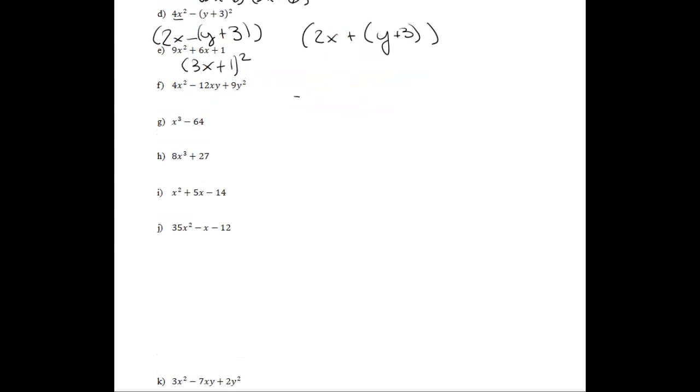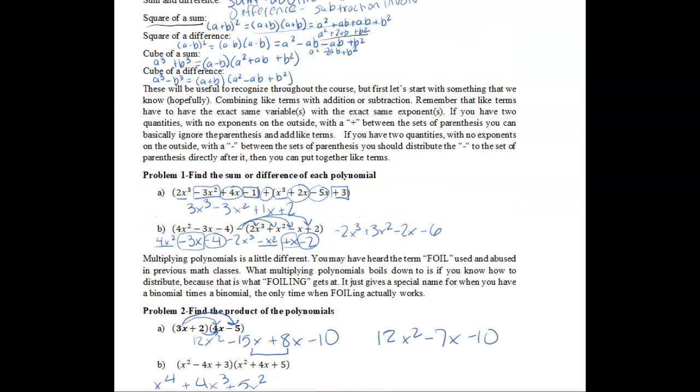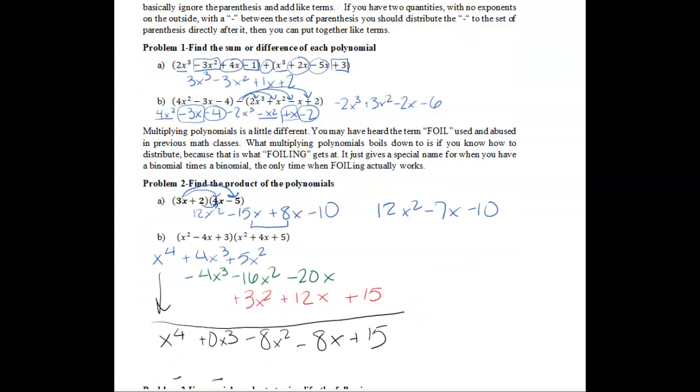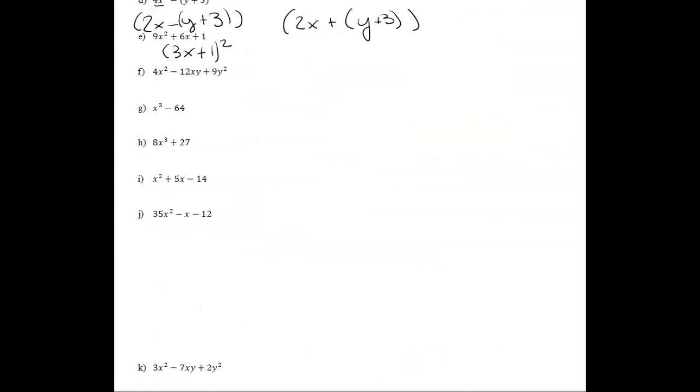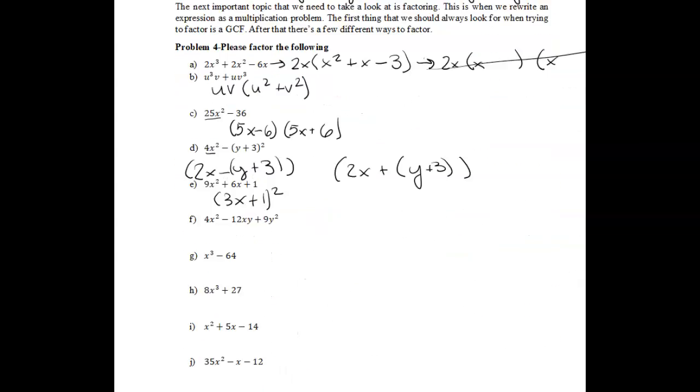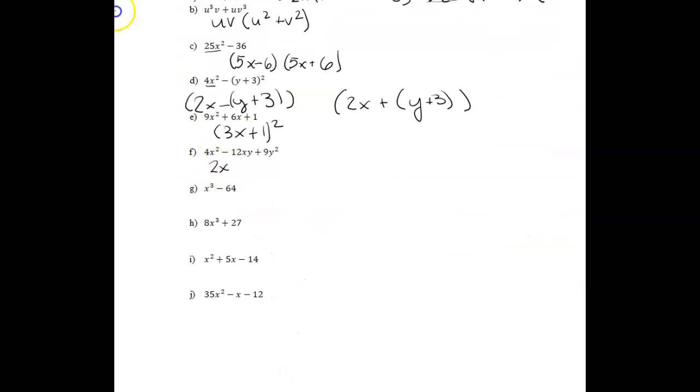In turn, that tells me, hey, I'm going to rewrite this as a factor, like way up here, which is going to be that a minus b quantity squared. So in this case, my a was that 2x, and minus 3y quantity squared, and you should be good to go.